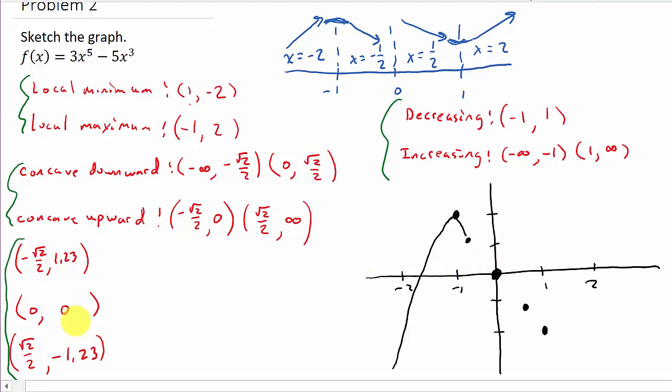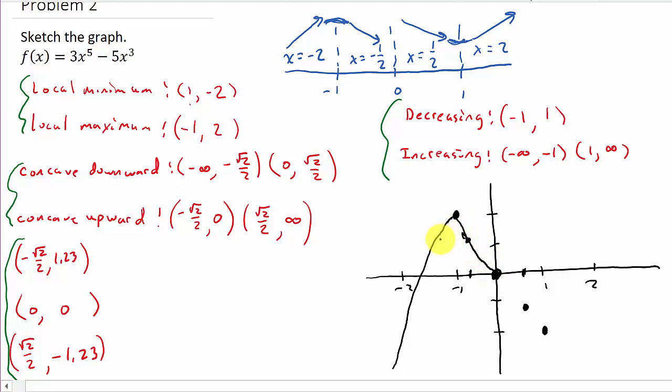From, where are we? From here, see, -√2/2. That's these values right here and right here, -√2/2 and √2/2. From here to here, it changes to concave upward. So that means when I'm coming down through here, it's going to kind of do like this.